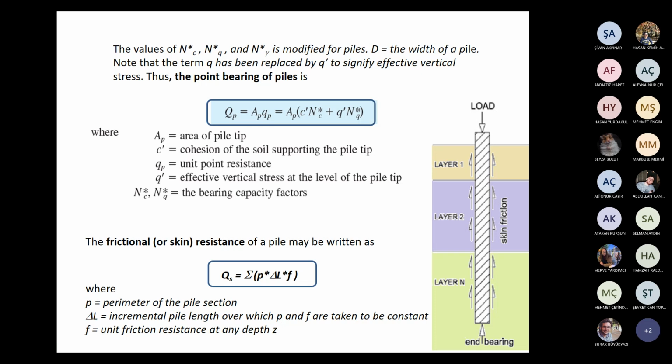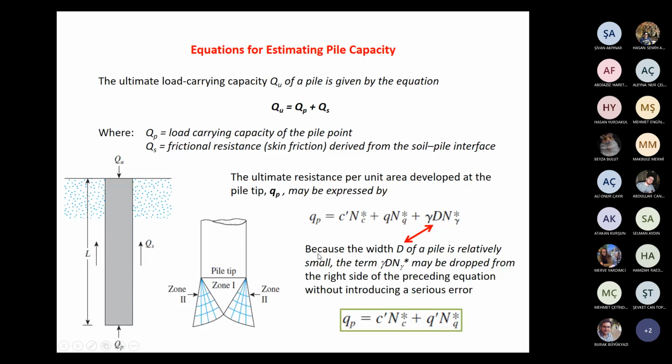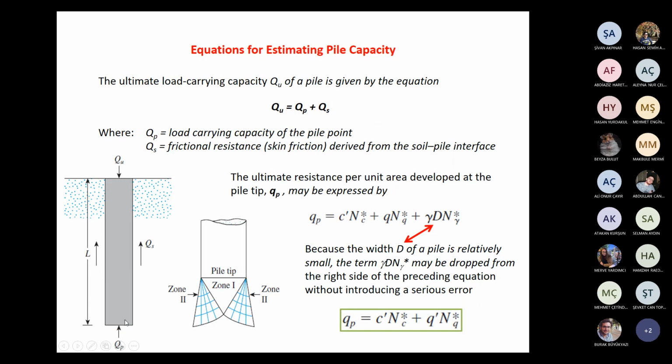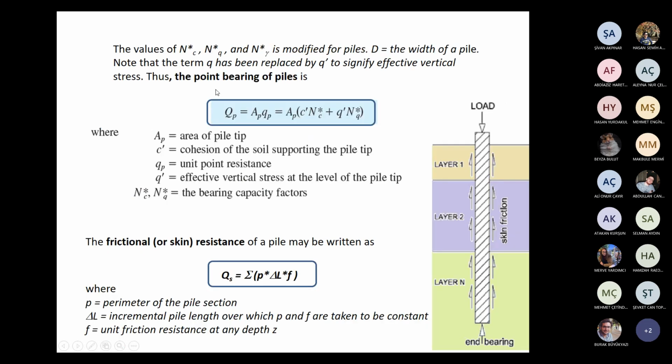The point bearing of a pile can be represented by this equation: Q sub P, which we just calculated using this equation, multiplied by the base area of the pile tip. Stress multiplied by area is load.